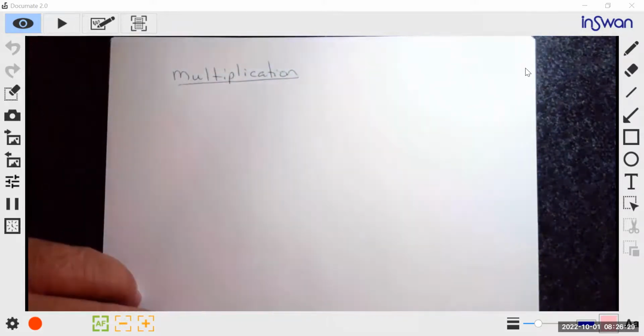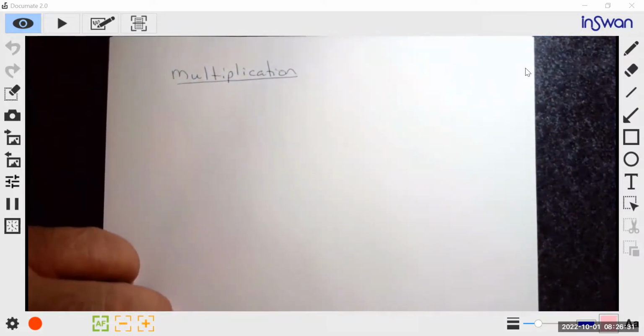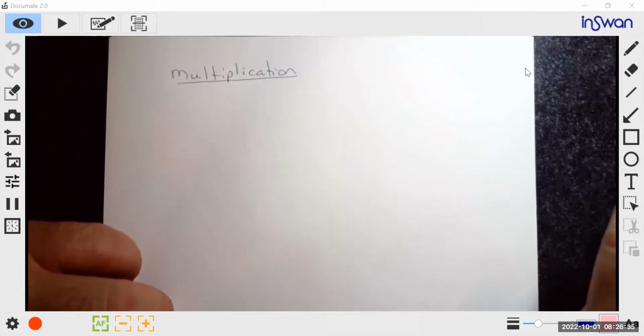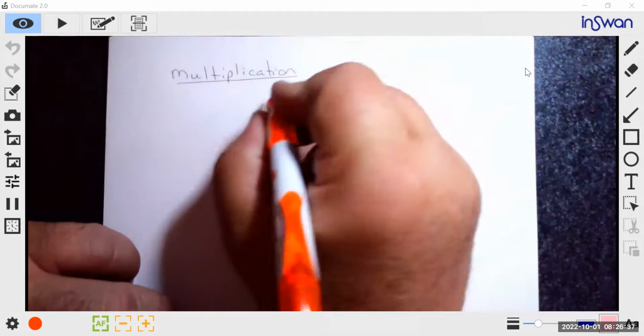Multiplication of complex numbers. Here's a rule.